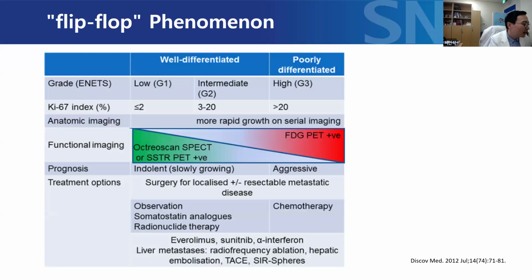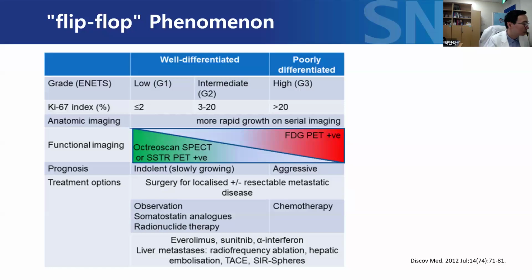So there is a complementary flip-flop phenomenon, which is a relationship between the somatostatin receptor PET and FDG PET in the neuroendocrine tumors. Well-differentiated neuroendocrine lesions typically are somatostatin receptor positive and low FDG avid, while the high-grade transformed lesions often drop somatostatin receptor expression but become highly FDG avid due to a high glucose metabolism.